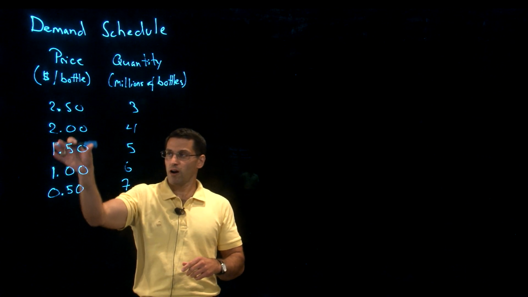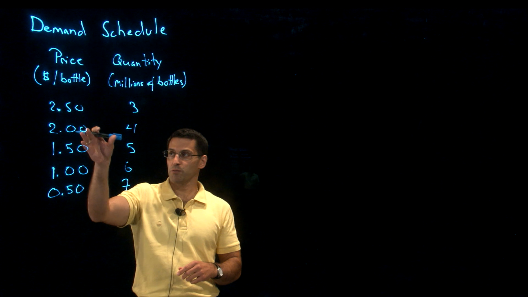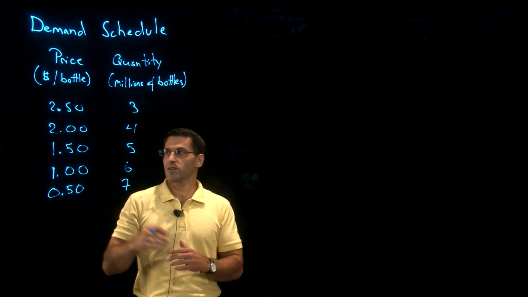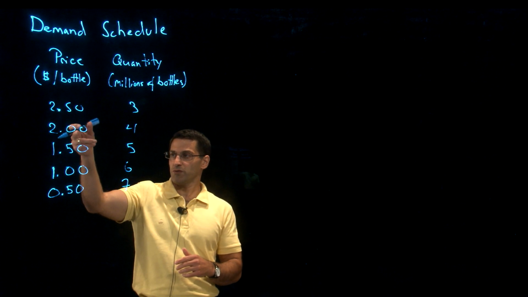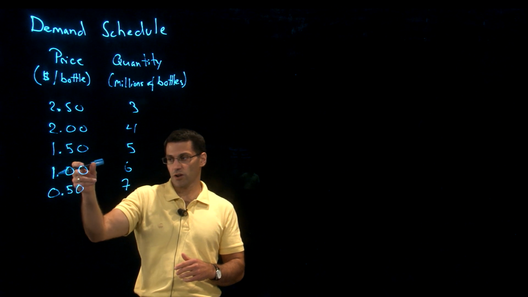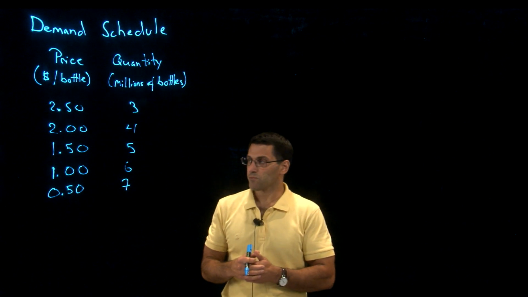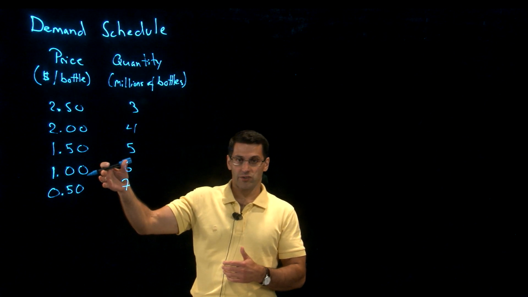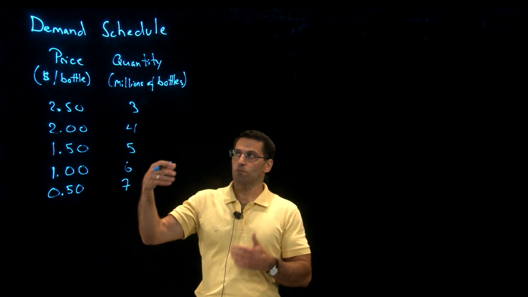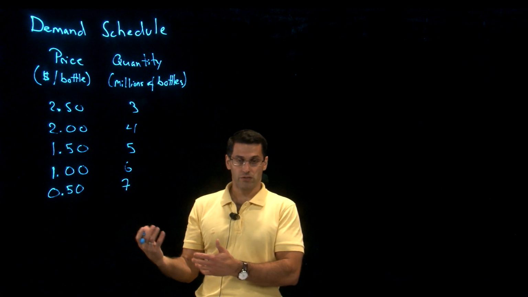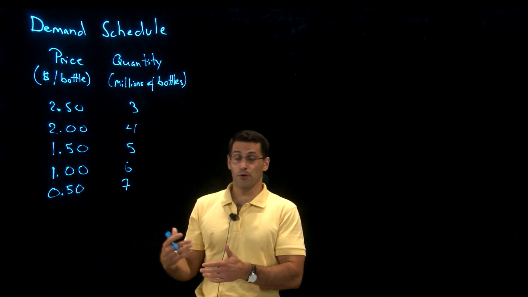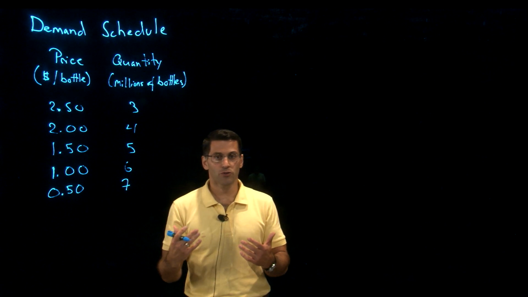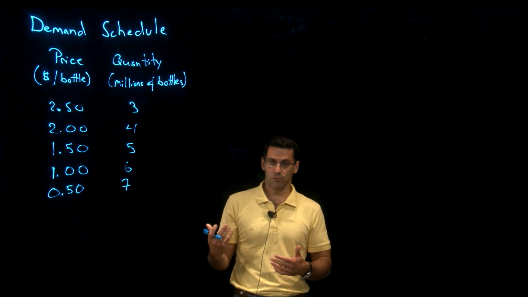So in this first column, we have price per bottle of water, and we go from $2.50 to $2, $1.50 to $1 down to 50 cents. And in the second column, we see at each price how many millions of bottles of water per day consumers will want at each price.